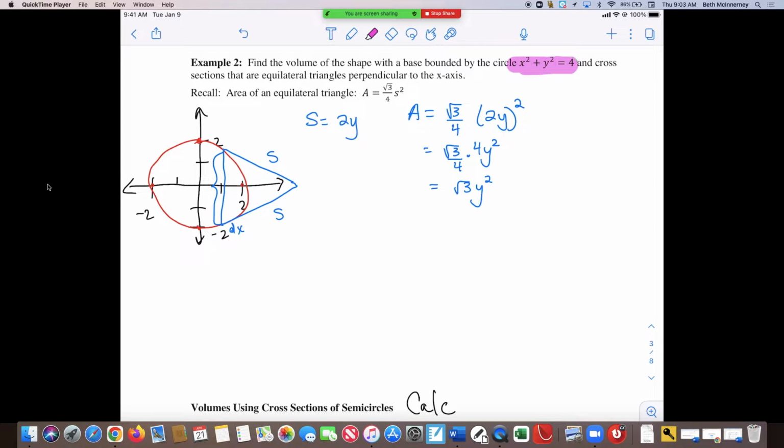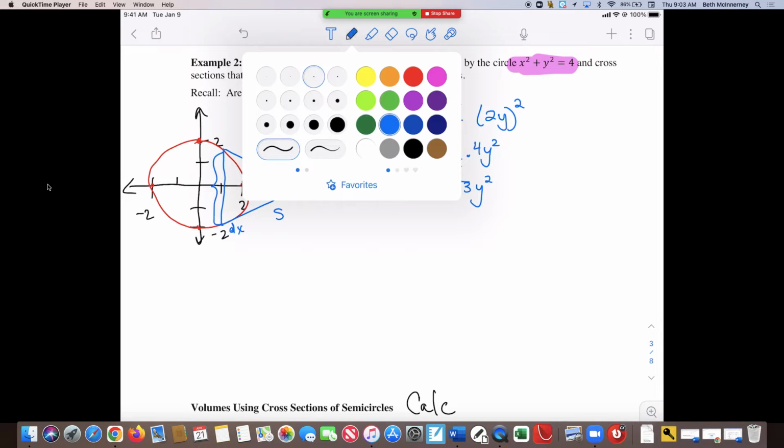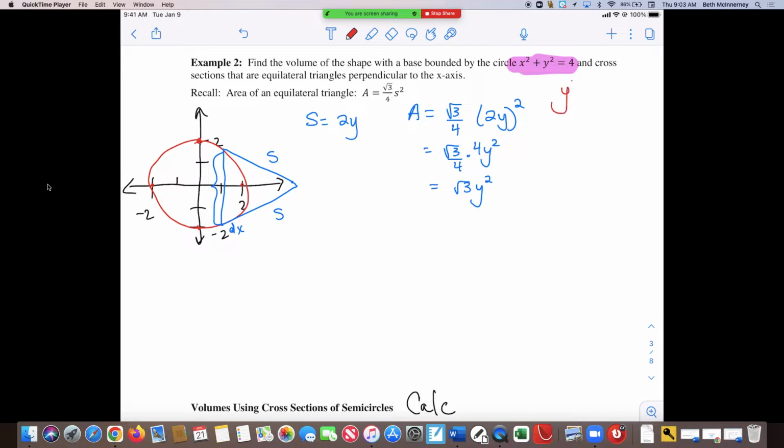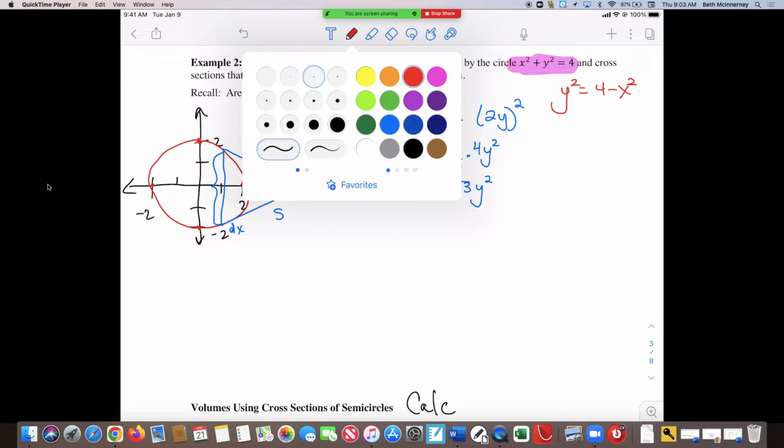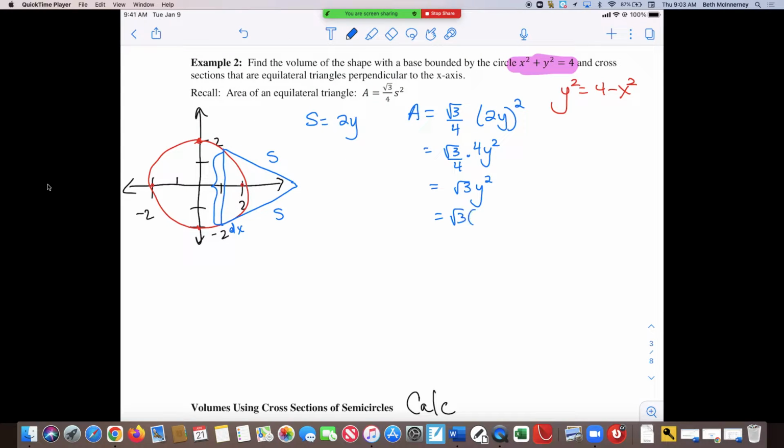So then I'm going to go to my equation of my circle, and I just need to solve that for y squared. I don't need to go all the way to y because it's conveniently y squared. So that is going to give me the square root of 3 times 4 minus x squared. Volume is going to be the integral of the area times the thickness of my slices.